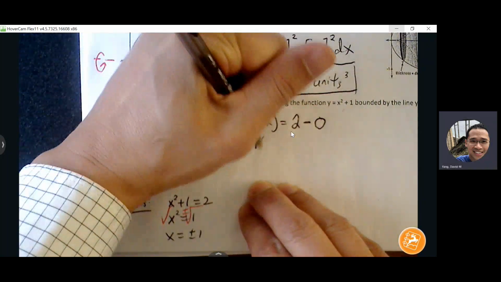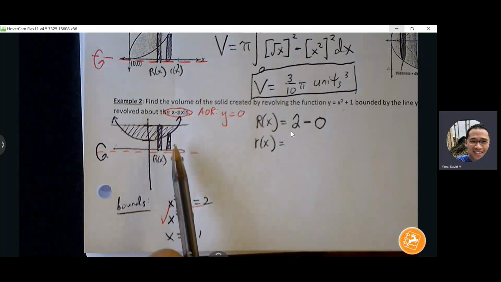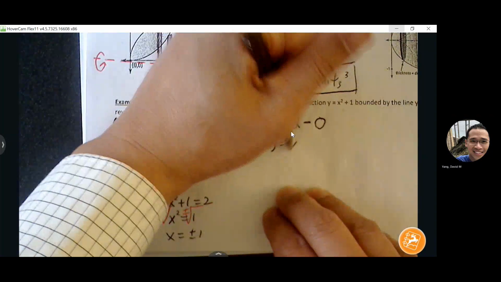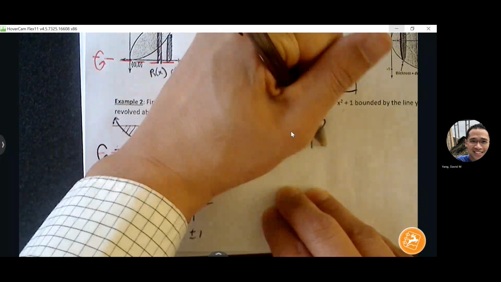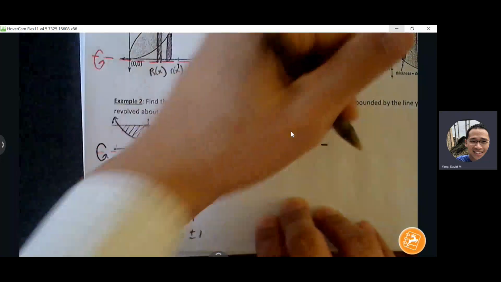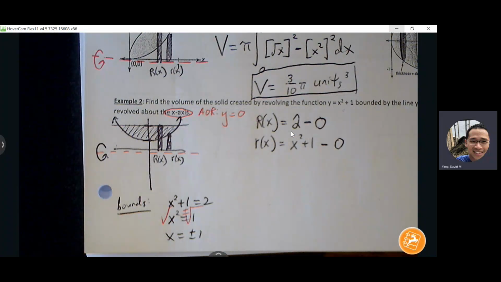Okay, little radius. Look at what the top of little radius is sitting on. Sitting on the what? X squared plus 1. Minus, what's the bottom of little radius sitting on? The 0. Okay, everything that we need is in front of us.